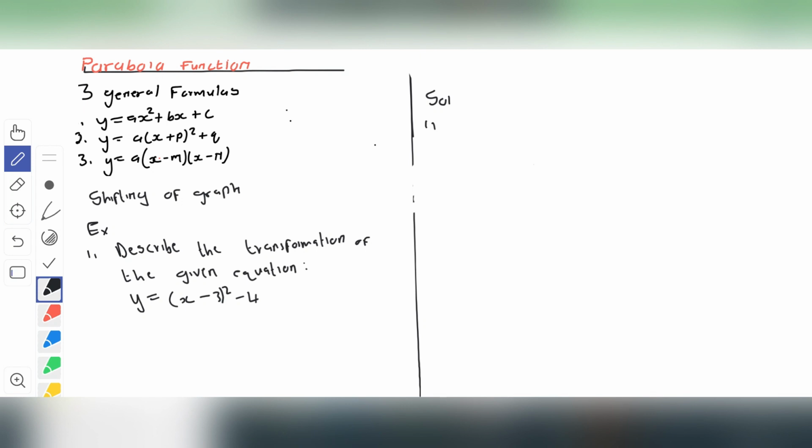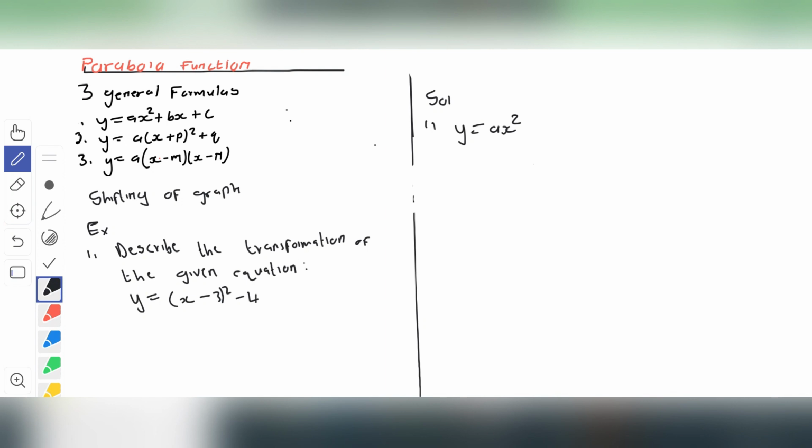That means they make your job easy. So now, remember guys, from grade 10, the mother graph of the parabola, the general equation, is y is equal to ax squared.